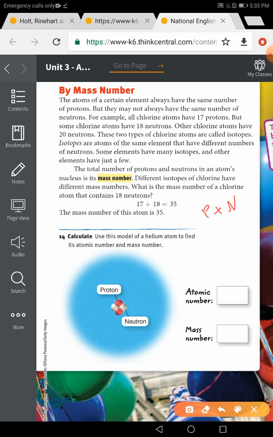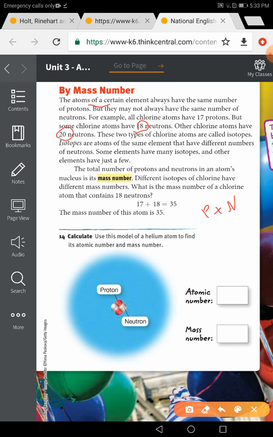Let's see here. The atoms of a certain element always have the same number of protons, but they may not always have the same number of neutrons. For example, a chlorine atom has 17 protons, but some chlorine atoms have 18 neutrons, and other chlorine atoms have 20 neutrons.